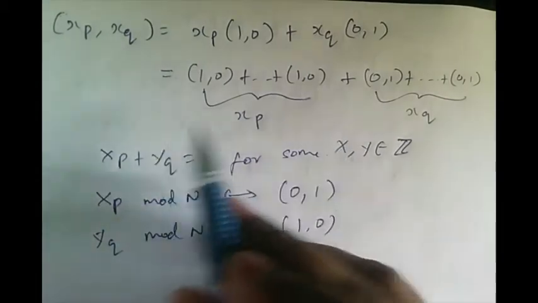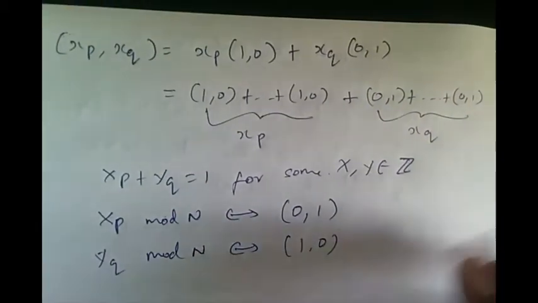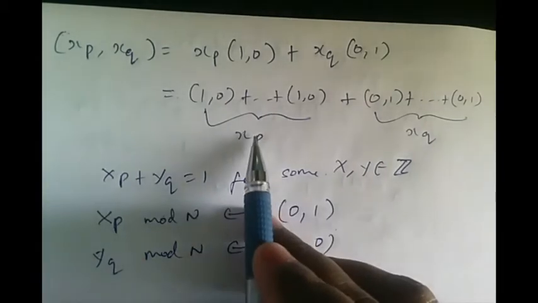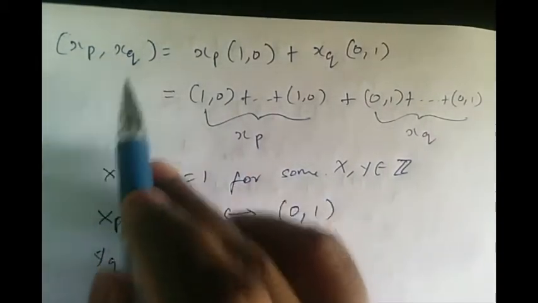So now we have 1, 0 being added xp number of times and 0, 1 being added xq number of times. Now the pre-images, because there is a bijection from Zn to Zp cross Zq.